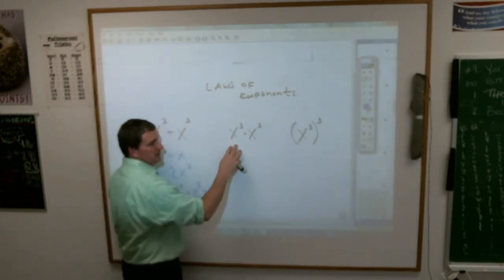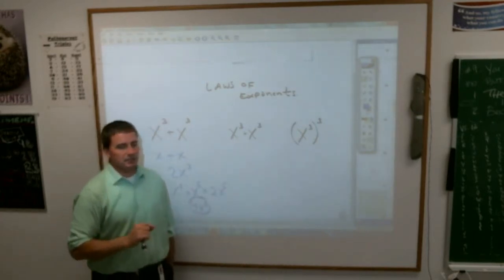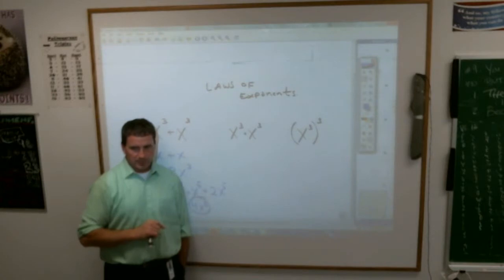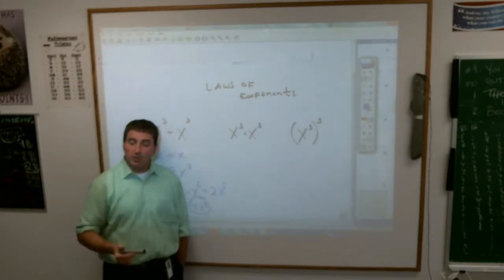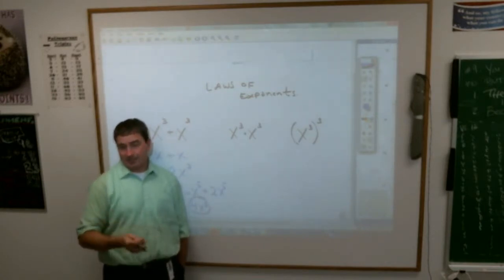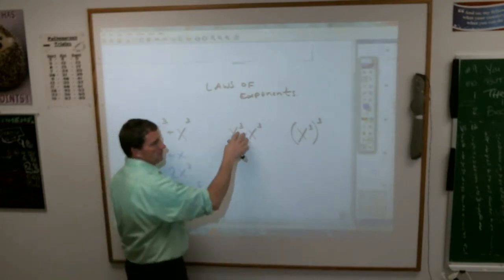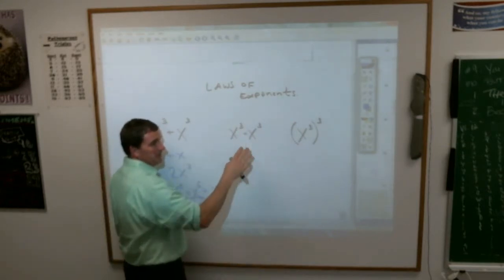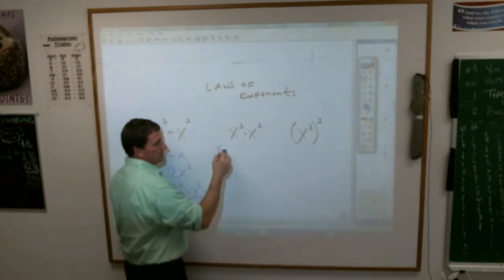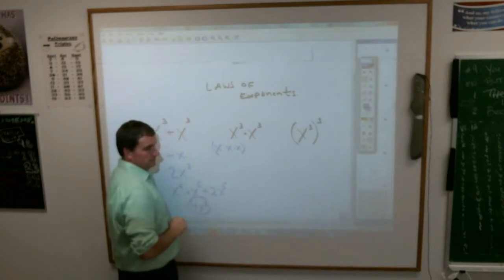Now, x to the third times x to the third. A lot of people think that because you're multiplying there, you're going to get x to the 9th power. Well, let's think about this. What does x to the third really mean? Third power means I have 3 x's times themselves, right? This is x to the third, correct?